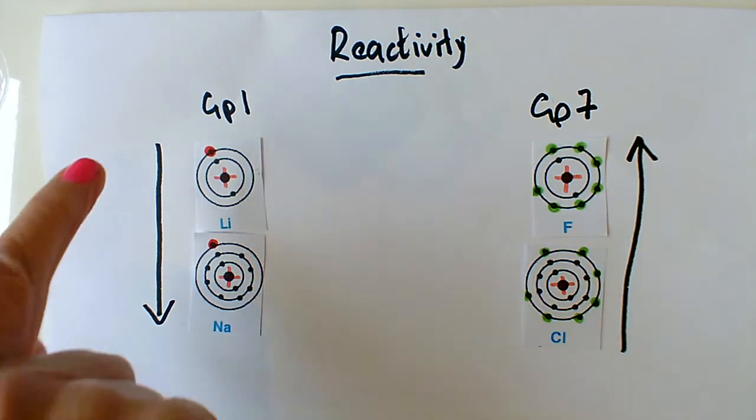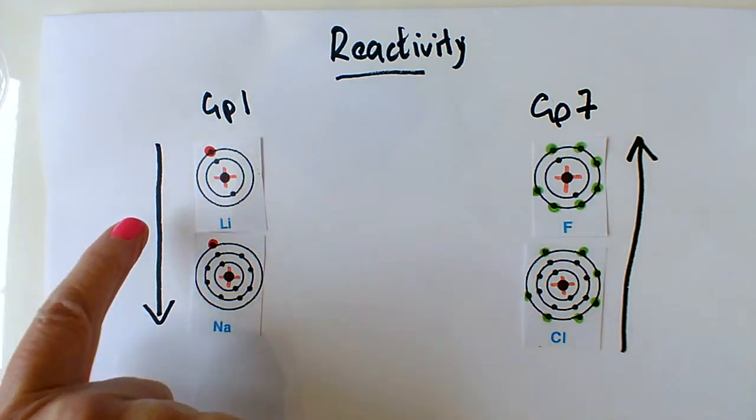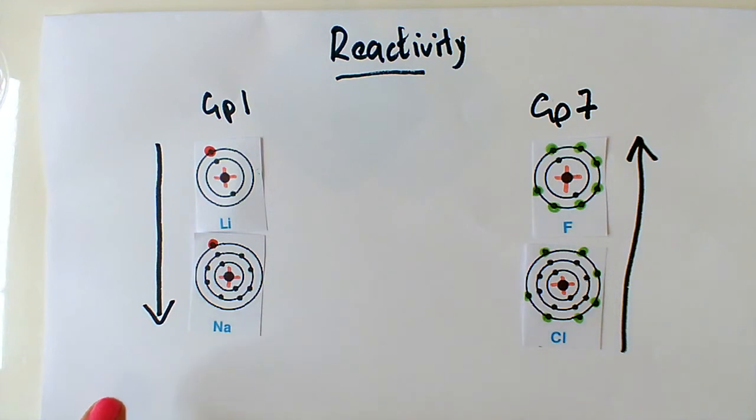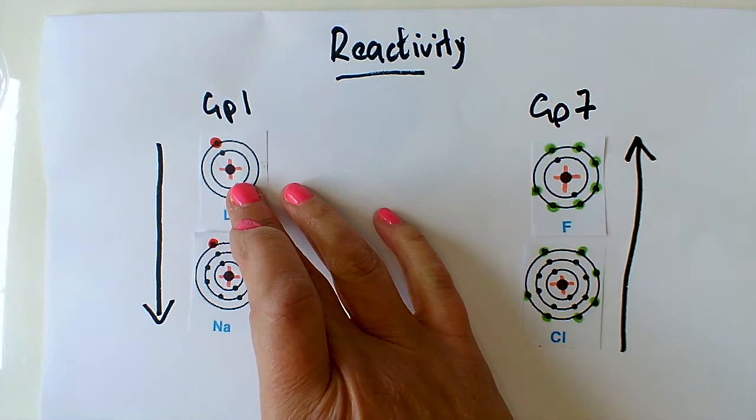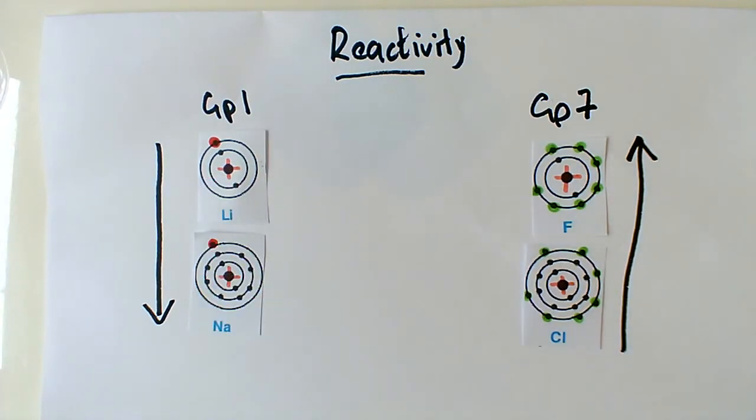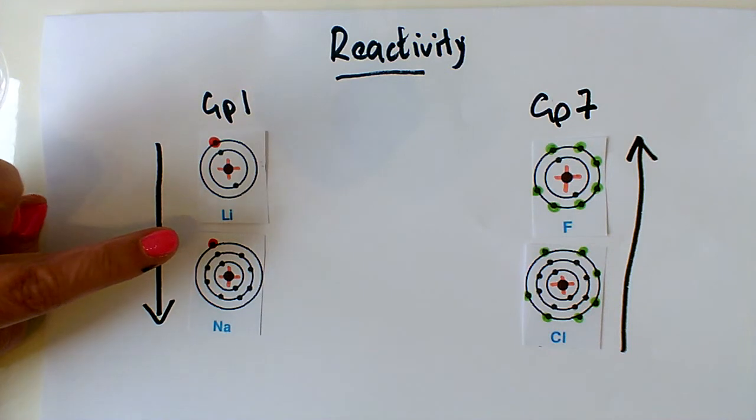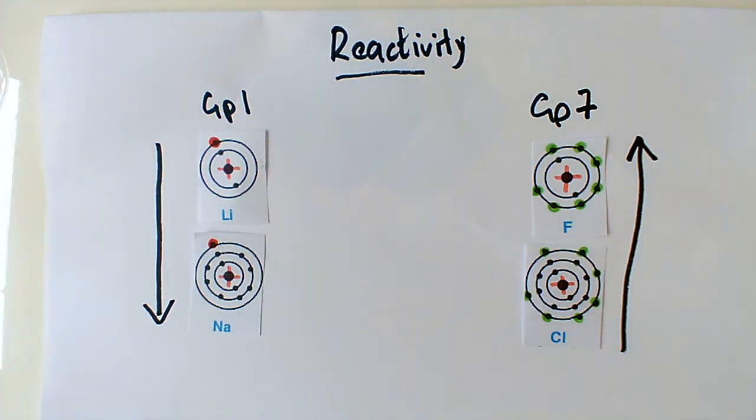Now in group 1, the elements get more reactive as you go down the group. So we need to look at why that happens. If we compare these two elements, both have one electron in their outer shell. Now all elements want to be stable, which means they have to have a full outer shell.